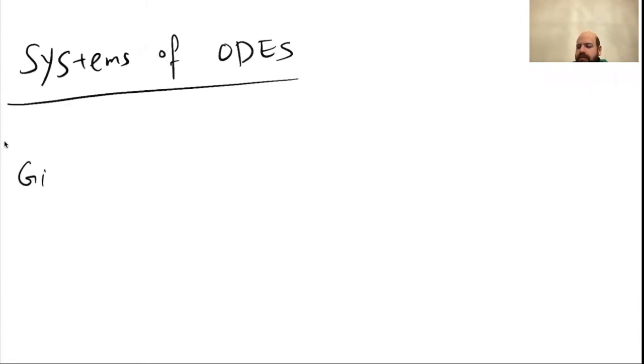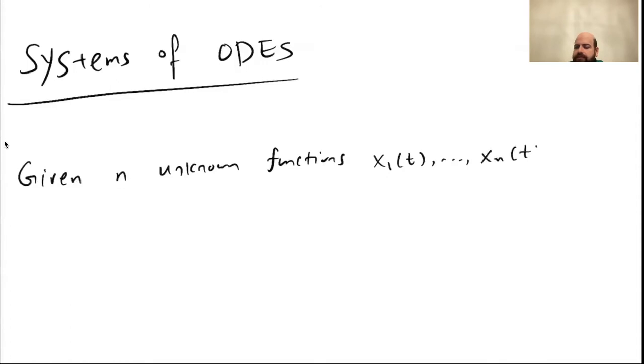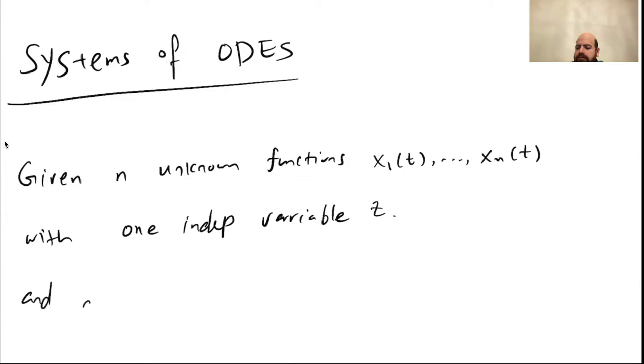So given n unknown functions, let's say x1 of t to xn of t, with one independent variable t and also n equations. So we are given n unknown functions, one independent variable t, and n equations.